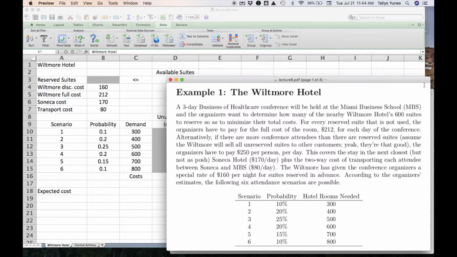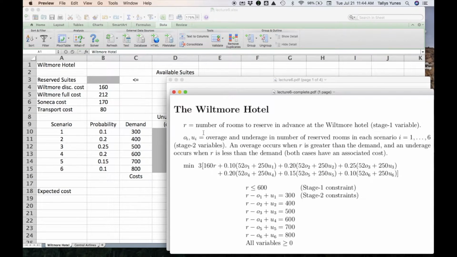Great, so if we were to put this into math, following that framework, there's a today decision, which I'm going to call R, number of rooms to reserve in advance with the Wiltmore. This is my stage 1, my today variable.